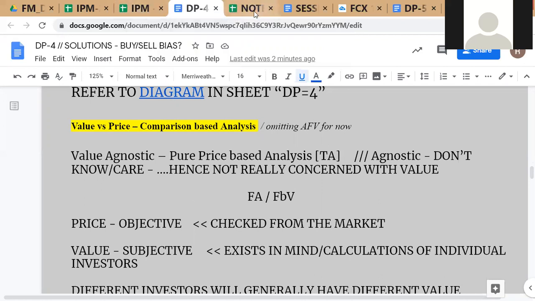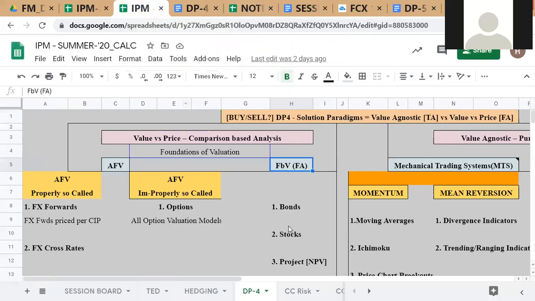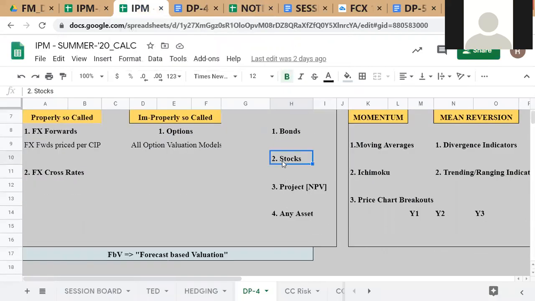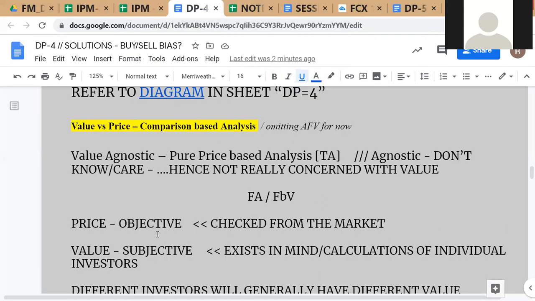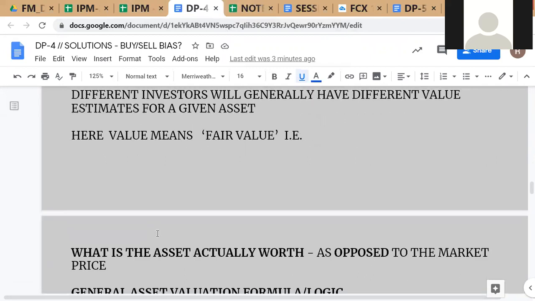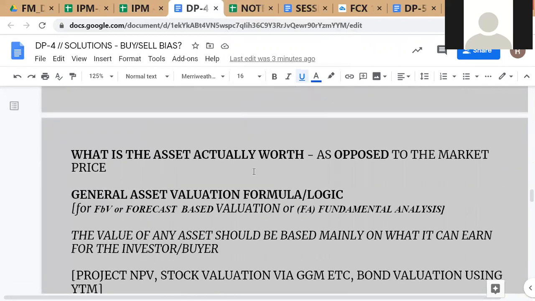You use a model like what you have used, your stocks, Gordon growth model or something like that. You derive what is called a fair value, which answers the question of what the asset is actually worth. This is the fair value estimate.